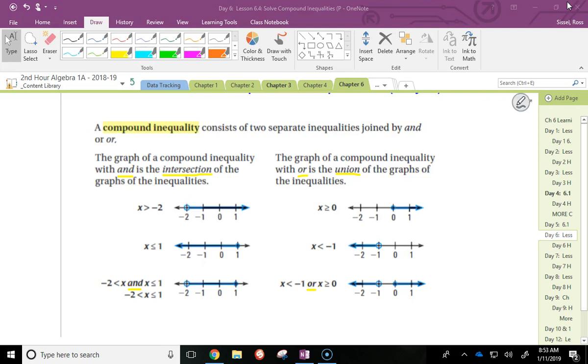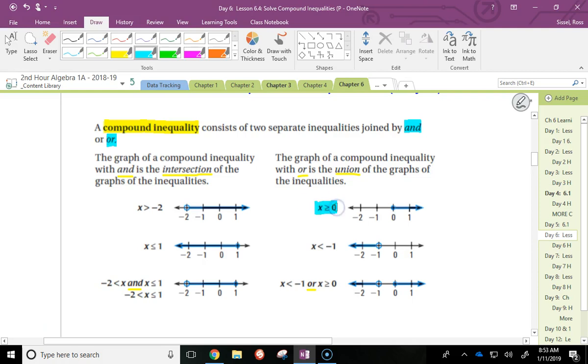A compound inequality contains 2 separate inequalities, joined by and or or. We see on the left, these are ands. We shade in the intersection, just like their examples. Ors, it's the union.